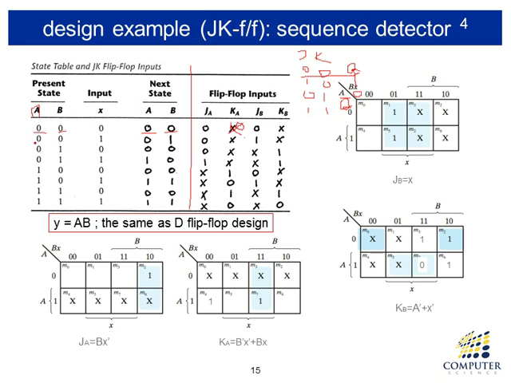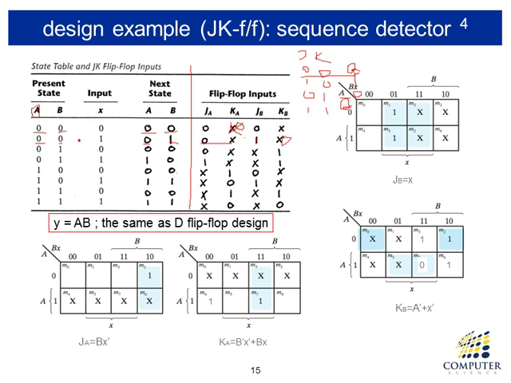The next entry is also from 0 to 0 for flip-flop A. So 0 and don't care works for that. And for flip-flop B, the 0 becomes a 1 on the next clock tick. So to make output 1, we have two choices. First choice is J is 1 and K is 0, then output becomes 1.